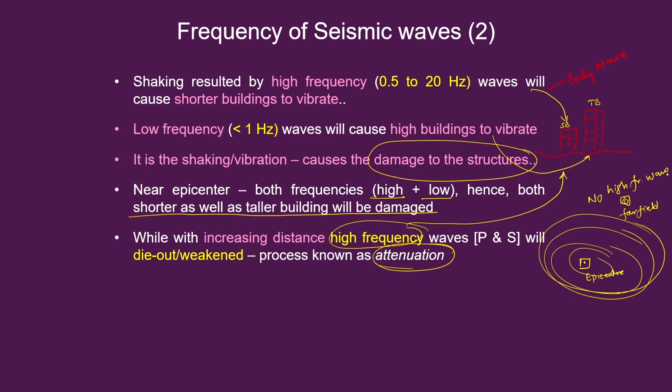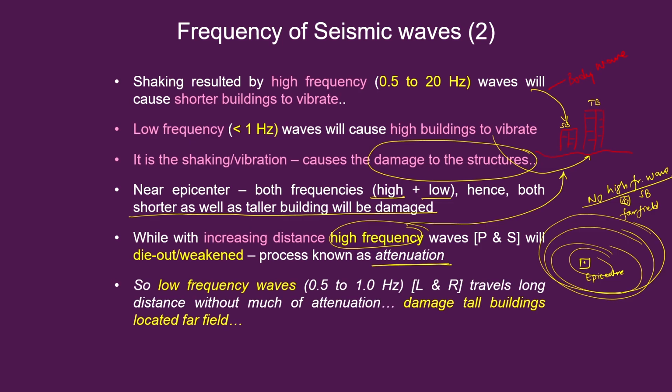So, at far distance we can say there are no high frequency waves. So, shorter buildings are safer, we can say. You should remember that this process is known as attenuation. But the low frequency waves travel long distance without much attenuation, and this is going to damage or affect the taller buildings.